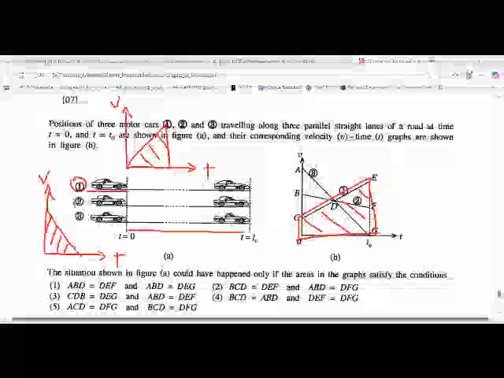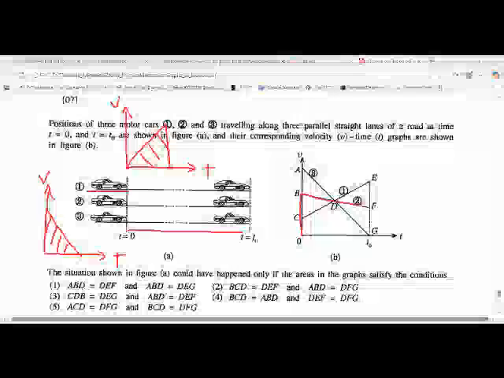Then what about the second car? If you consider the second car, its displacement is represented by the OBFG trapezium area.